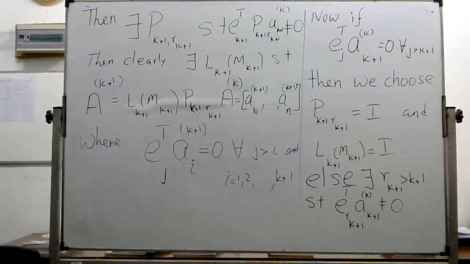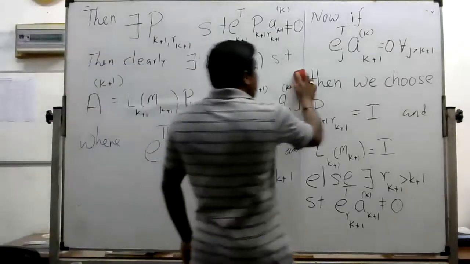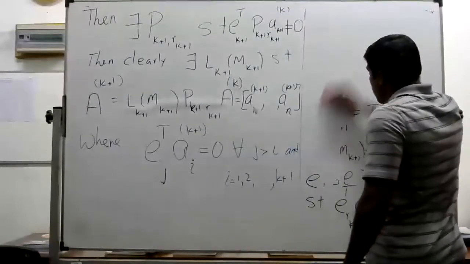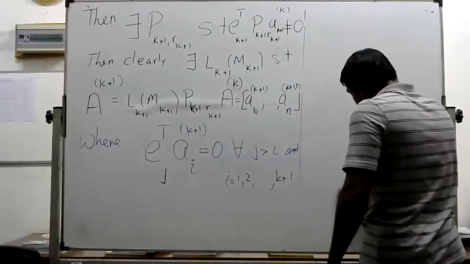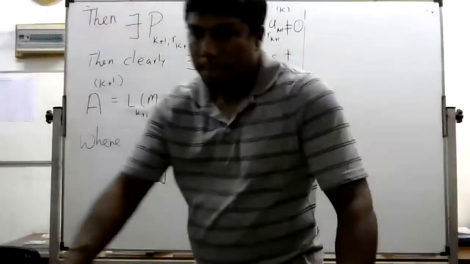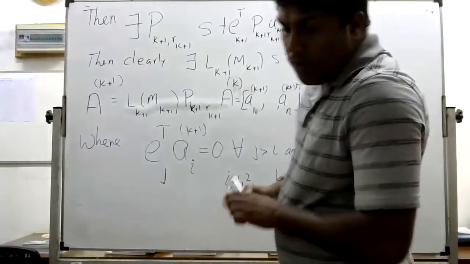Okay, so now I'm going to do an example of Gaussian elimination with row interchange. Let's say A is 1 1 1 1.